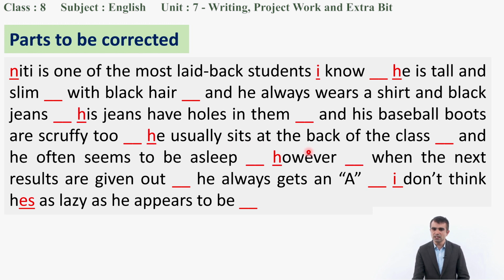He usually sits at the back of the class, comma, and he often seems to be asleep, full stop. However, H capital. However, comma, when the next results are given out, comma, he always gets an A, full stop.